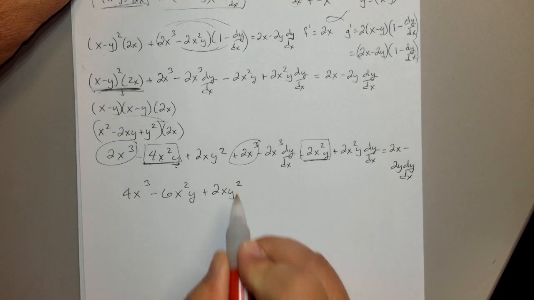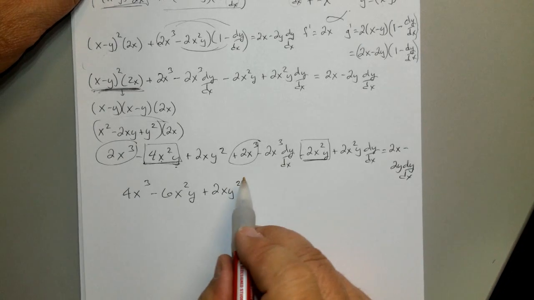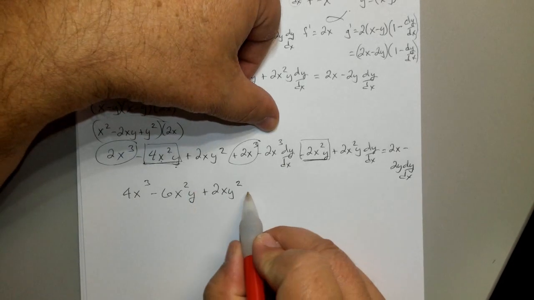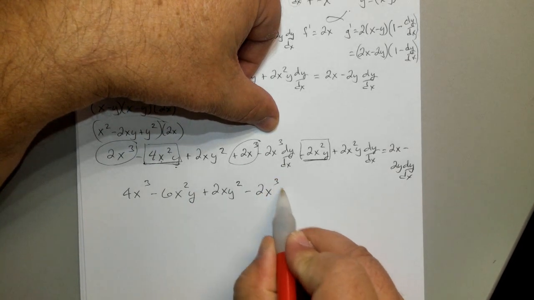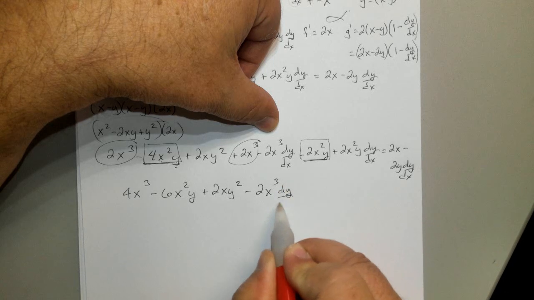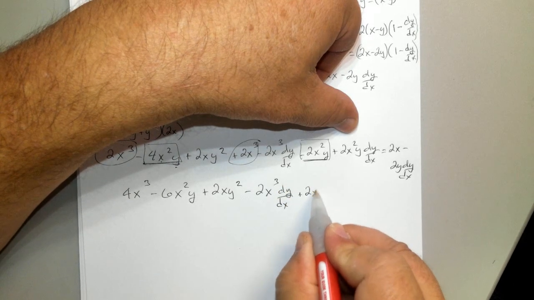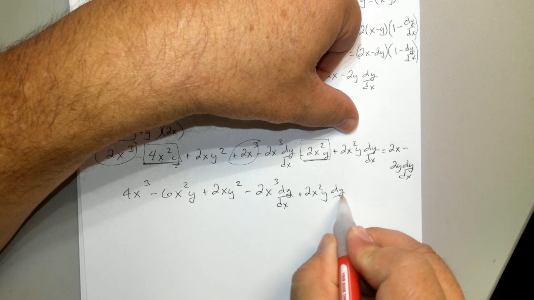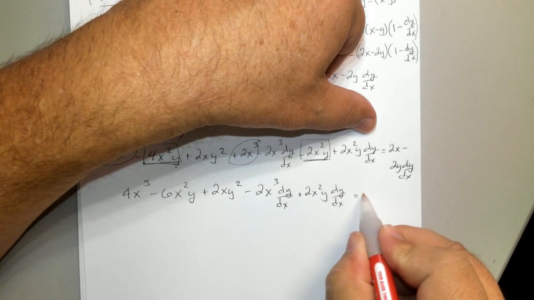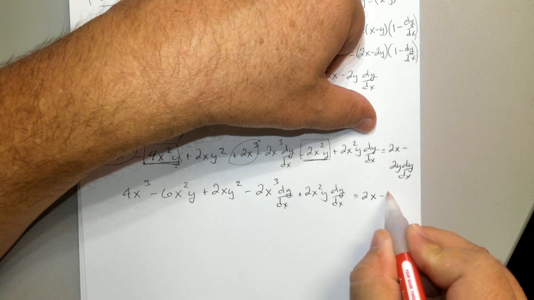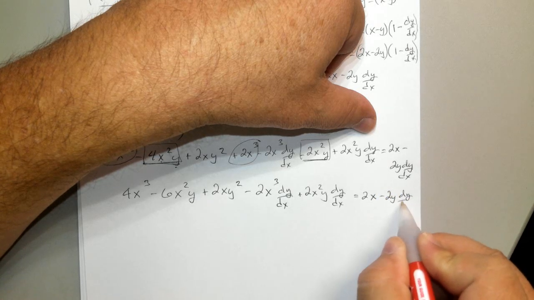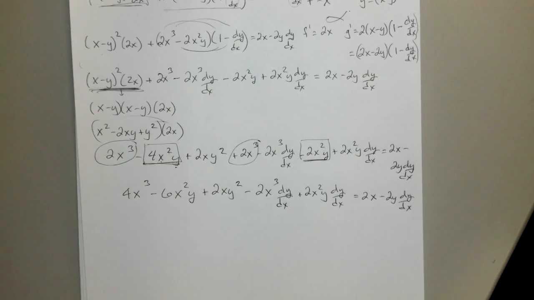Then 2xy squared. Then our dy/dx's: 2x cubed dy/dx, 2x squared y dy/dx, 2x minus 2y dy/dx. Okay, just a little bit smaller.